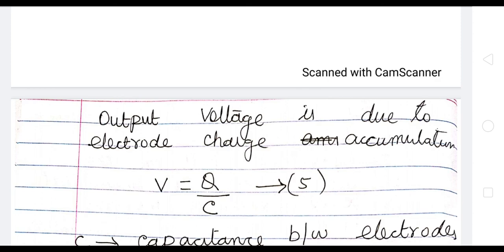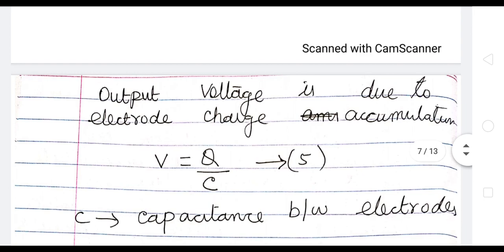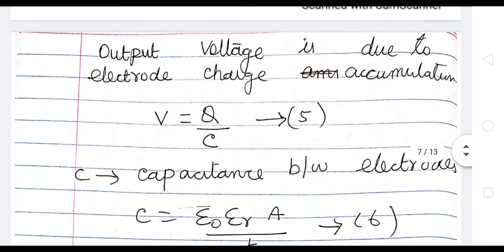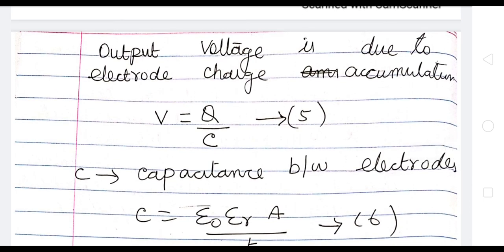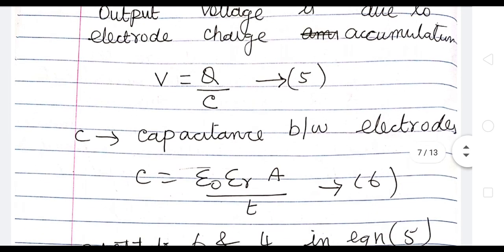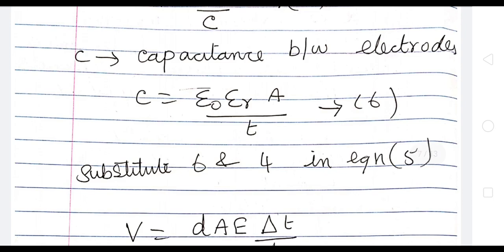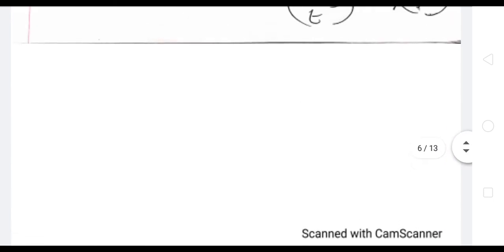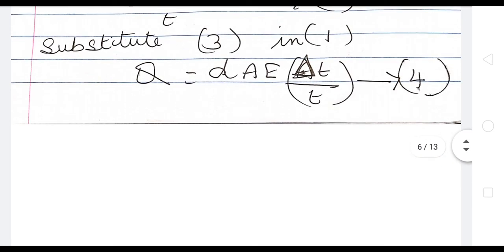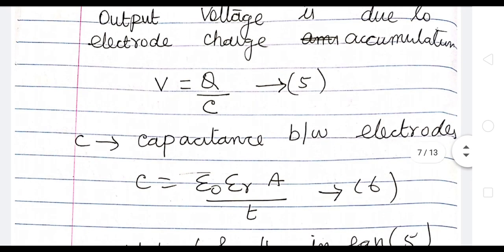So now V can be obtained as Q by C, where C is the capacitance between the electrodes. We can already formulate Q, and C is given as epsilon naught epsilon r A by T.